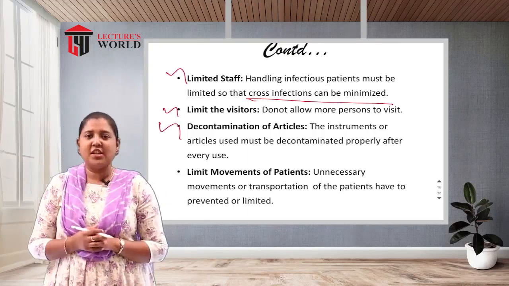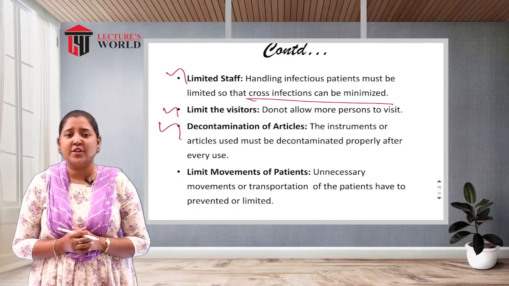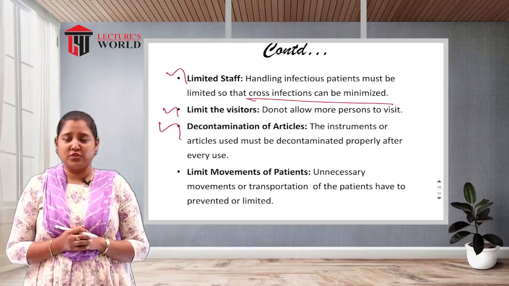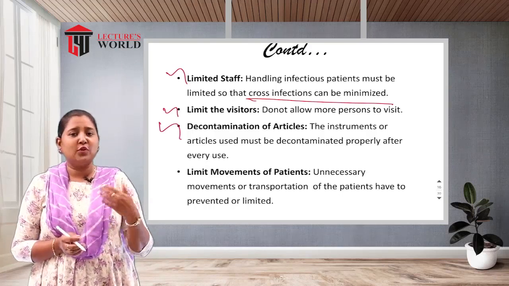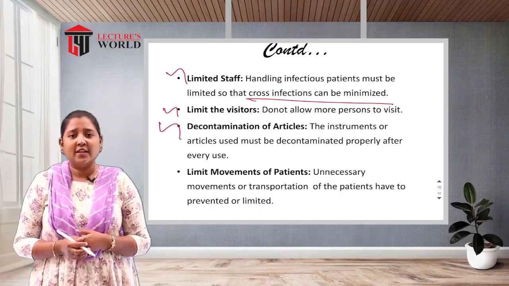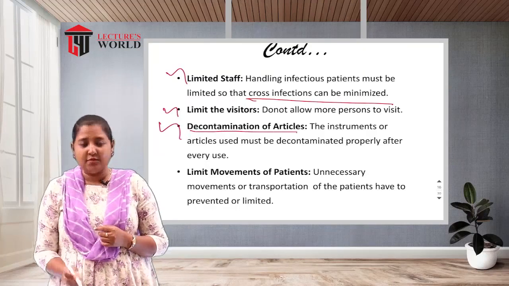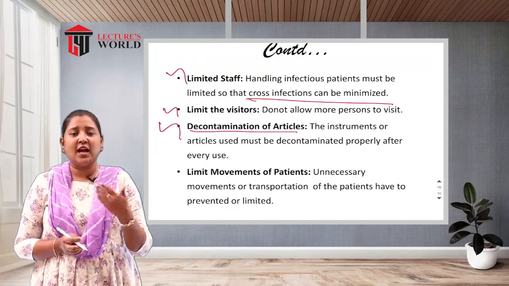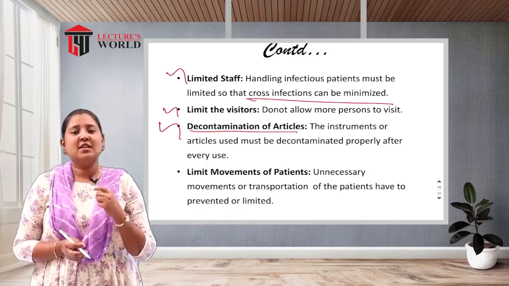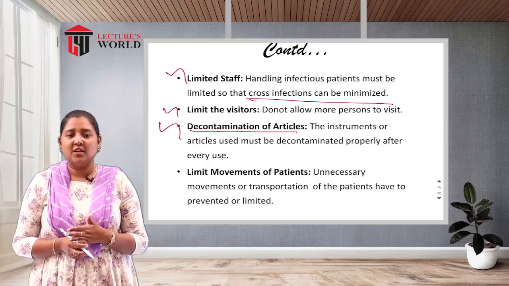Next is decontamination of articles. I said in the first point that separate articles have to be used. That means you are not going to use the same articles for another patient. Not only that, you have to concentrate on decontamination of the articles. An article used for a contagious patient is a contaminated article.